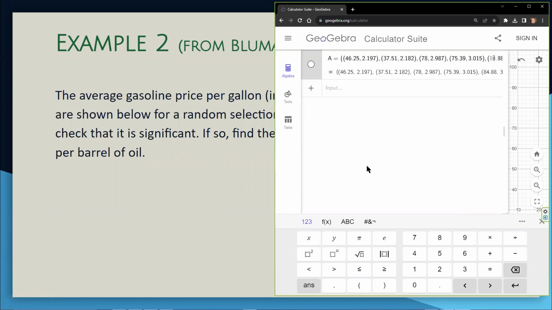So we know for GeoGebra that we actually need to find our regression line equation, our R and our R squared separately before we run our test of significance, because those are each going to be unique function calls in GeoGebra. So let's start with R. We know that that's the correlation coefficient function call.